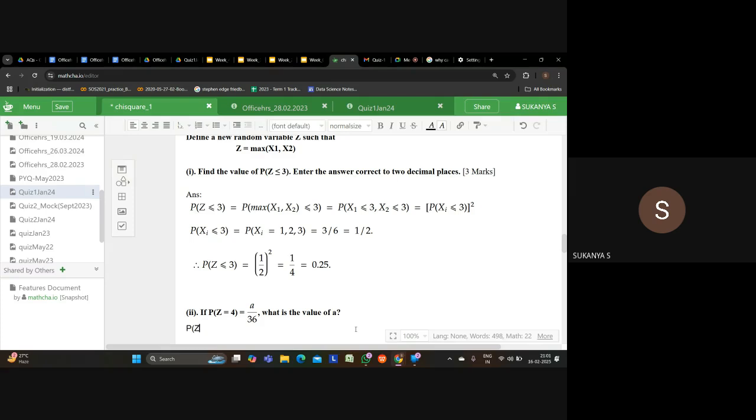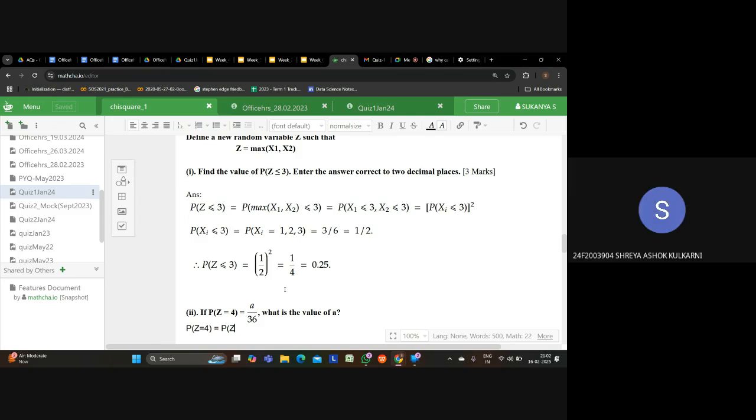You found probability of z less than or equal to 3. This is the CDF. So in terms of CDF, how can you find this? What is probability of z equal to 4 in terms of CDF?